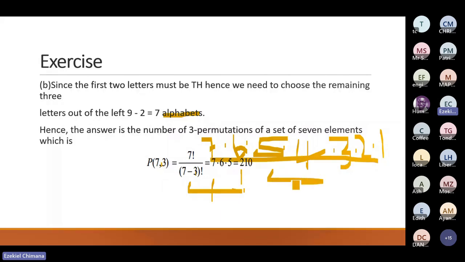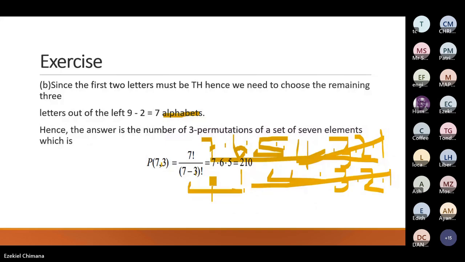So remember your 4 factorial will be 4 times 3 times 2 times 1. So this one and this one will cancel each other. That's why we have got 7 times 6 times 5, which is equal to 210. So this is how you answer this question, and that's how you answer this question.